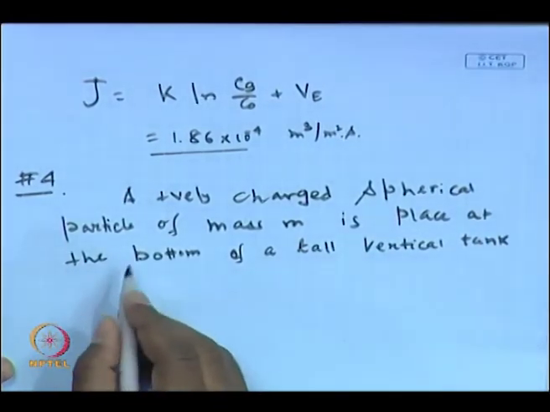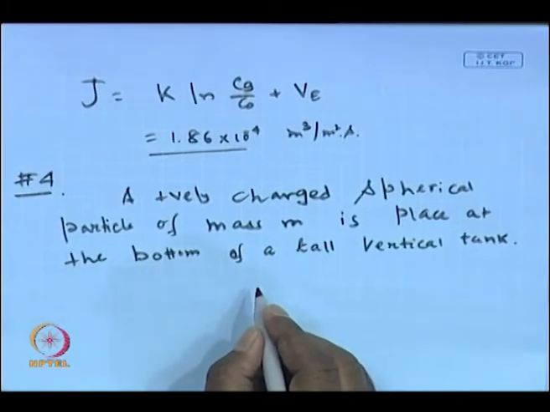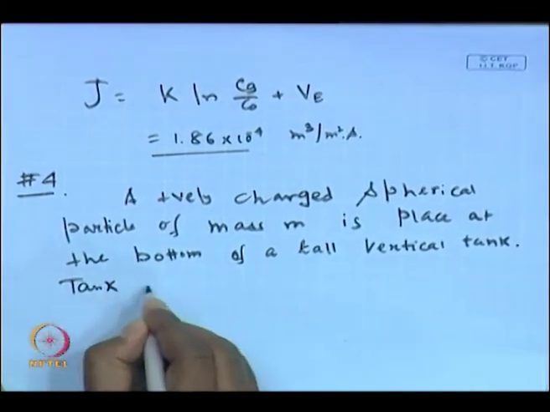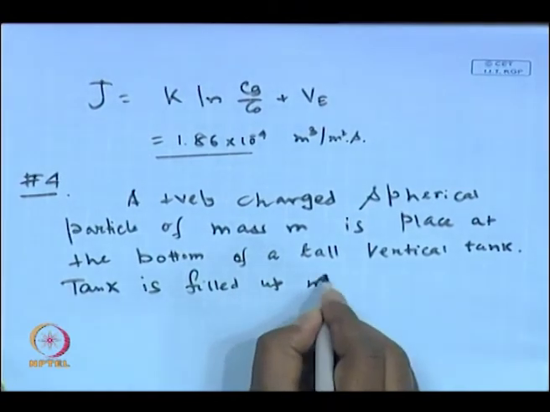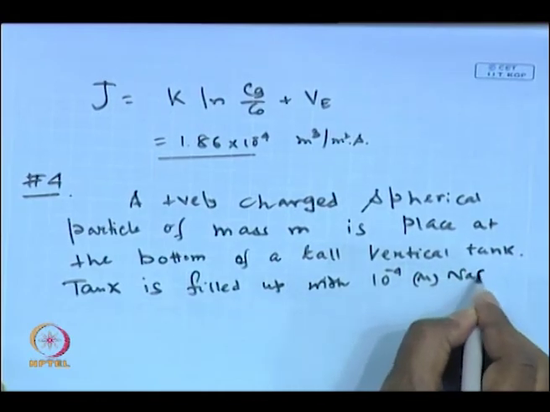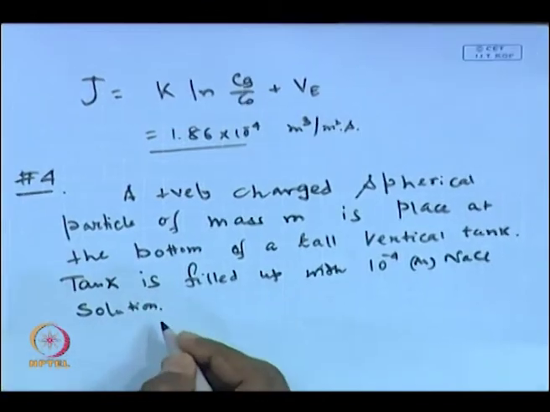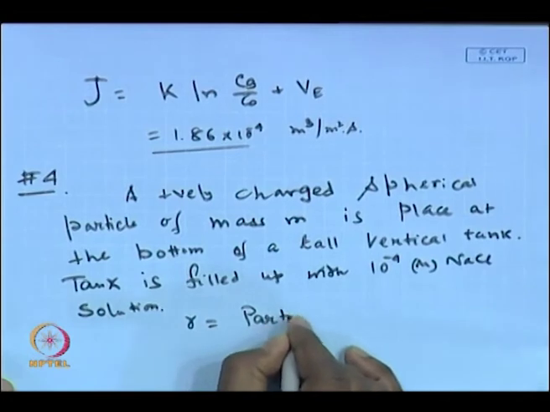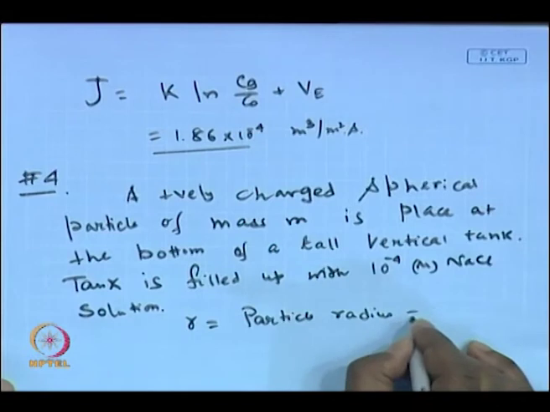The tank is filled with 10 to the power minus 4 molar NaCl solution. The particle radius r is given as 100 angstrom.